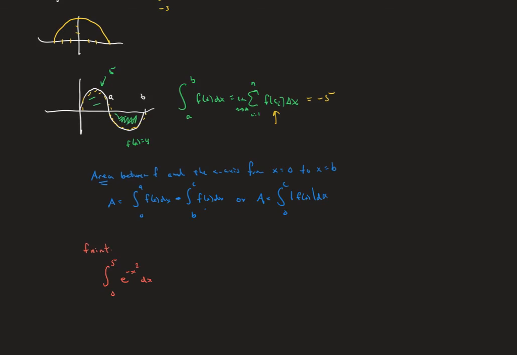So instead, you're going to have to use your calculator, and remember, you're going to find that if you hit the math button, and then option number 9 is going to be that FN integrate, and then you can follow the suggestions there to plug in the limits, and you're going to have to put in the dx into that expression. And if you do that right, I believe you're going to get 0.886.